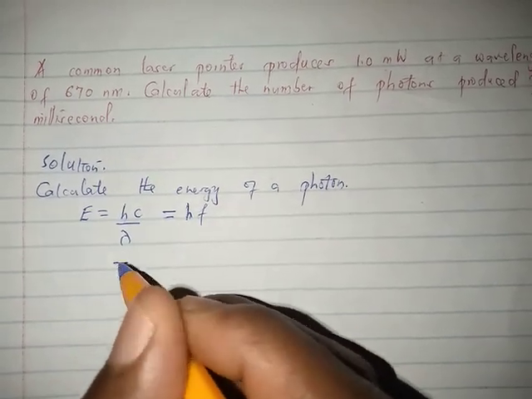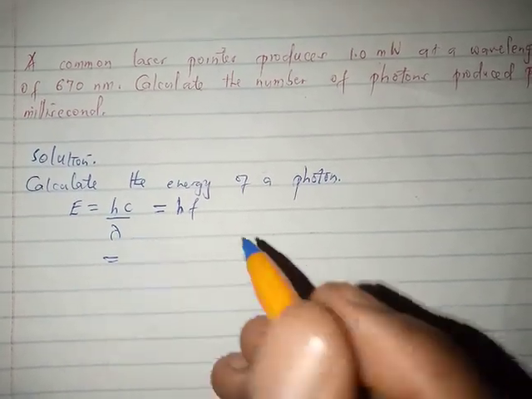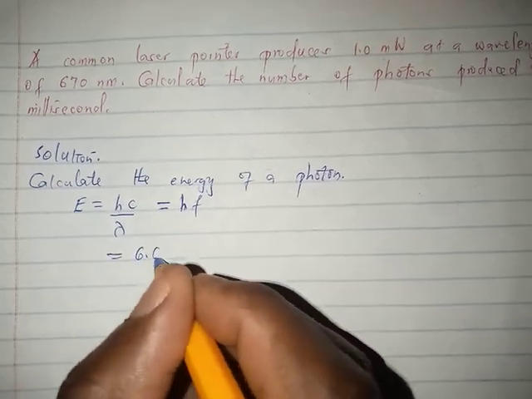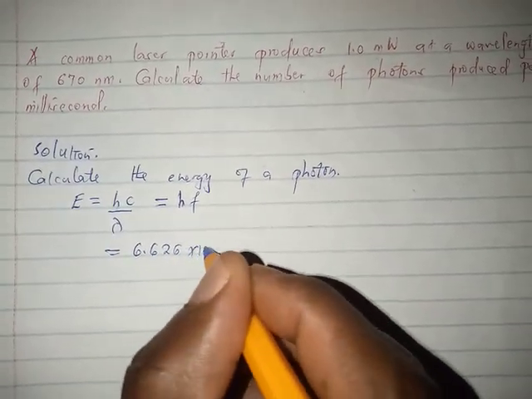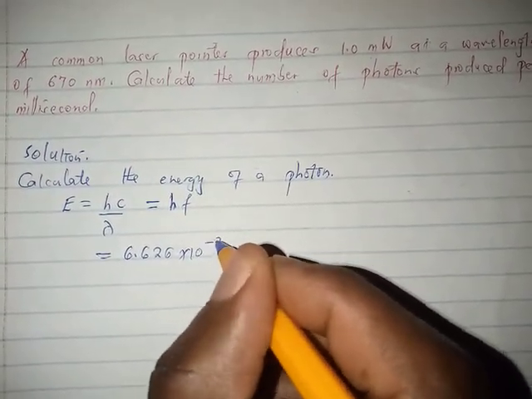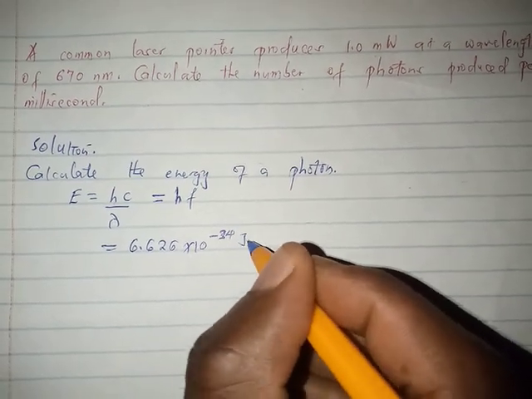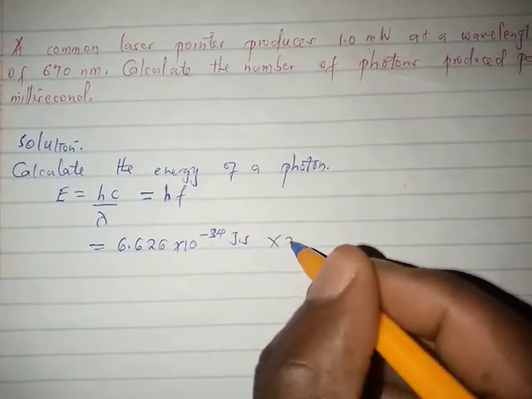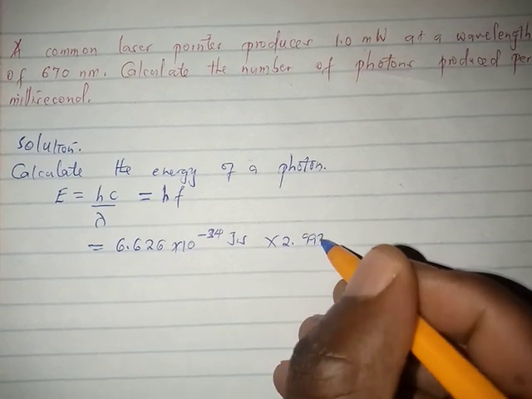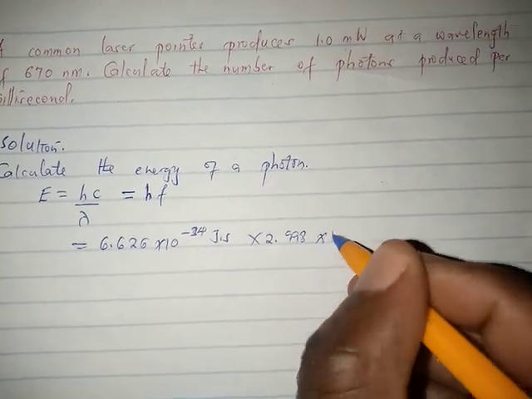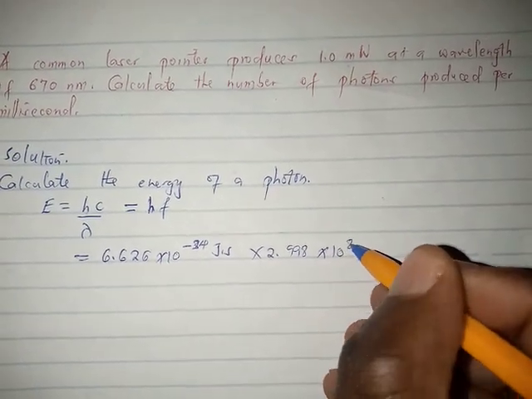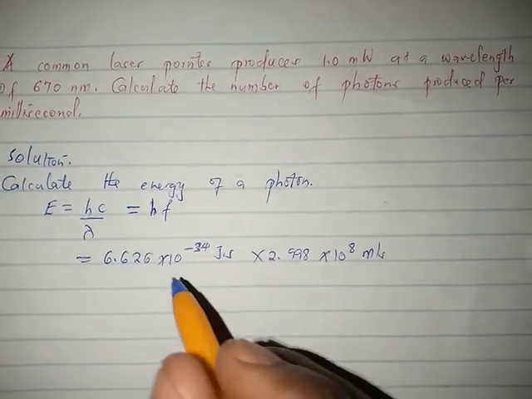So substituting, you have the Planck's constant as 6.626 times 10 raised to power negative 34 joule seconds times 2.998 times 10 raised to power 8 meters per second. That's the speed of light.